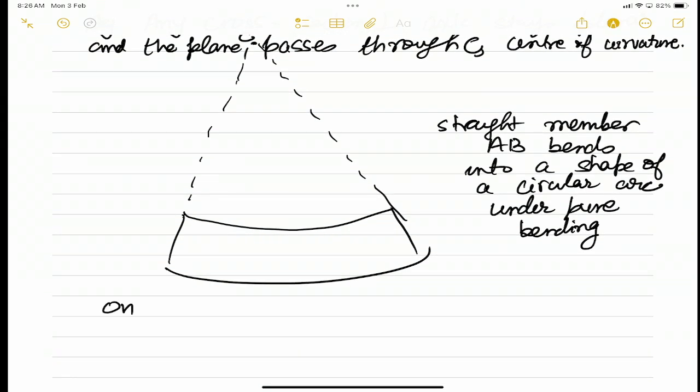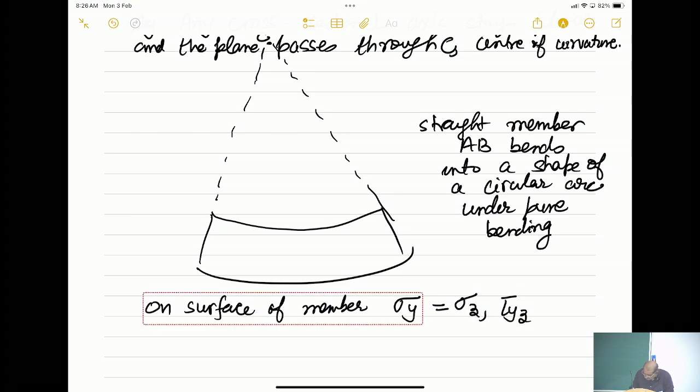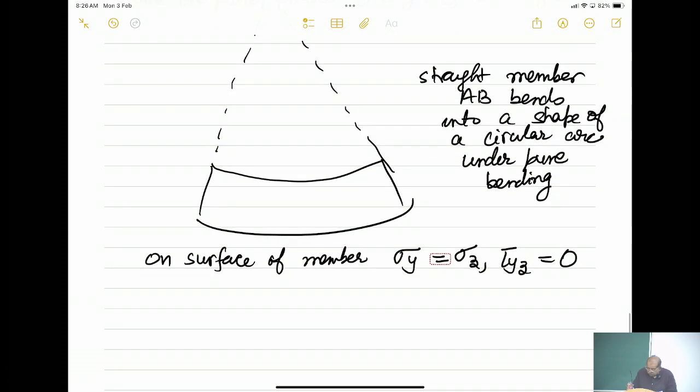Now, on the surface of the member, sigma y, sigma z, tau yz will be 0, because the only force which is acting is just this bending moment. So therefore, there will be no sigma y, sigma z and tau yz. And this also follows from the deformation that plane sections will stay plane.